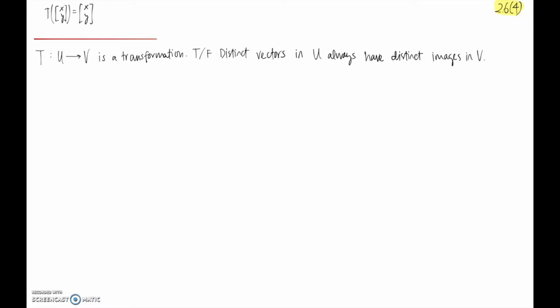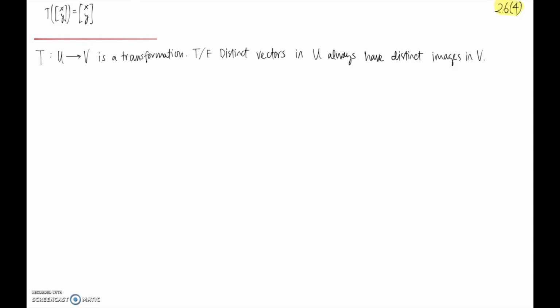Another question you'll see on the quiz is another true-false. You have a transformation that's taking you from one vector space to another, U to V. These aren't vectors, these are vector spaces. True or false, distinct vectors in U always have distinct images in V. And here we're using the word distinct to mean different. So different vectors in U, are they always sent to different vectors in V?